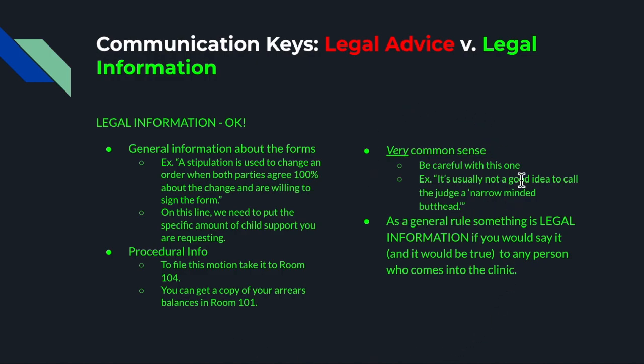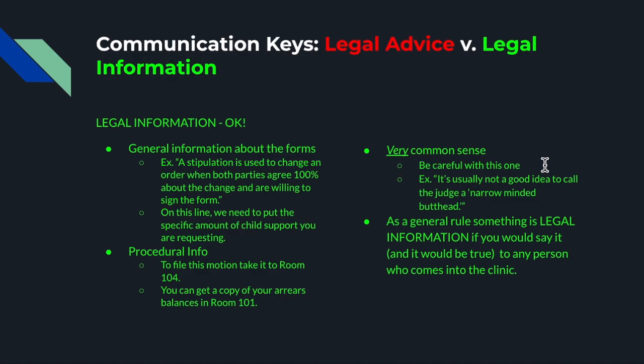The last bit here is where some students get in trouble, so use caution with this last one. Very, very common sense. So some of you are going, well, I think it is common sense that somebody should ask for $1 million a month. No, I'm not talking about specific things. When we're talking about very, very common sense, sometimes you're going to get somebody who wants to call the judge a butthead, or quite frankly, who wants to use profanity to describe the judge.